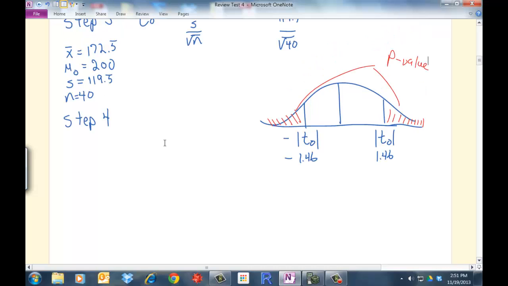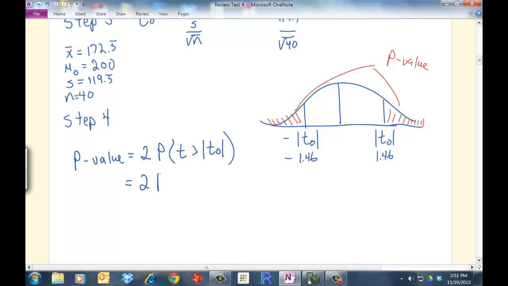Alright, so let's get the formula down. The p-value is equal to twice the probability that t is greater than absolute value of t0.